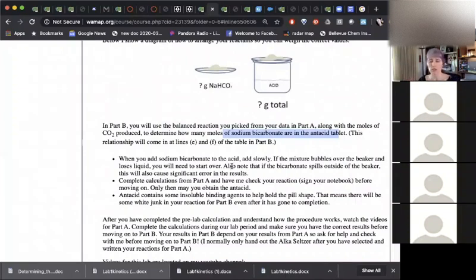Sometimes students will dump it all in and it'll spill all over, and then you just have to wash everything, dry it, and start over again. So you'll see I'm a little bit careful about how fast I put that in. You have to complete the calculations in part A, and then usually I sign the notebook or I just give you your tablet. You don't get to have your tablet until it's complete, and only then can you start part B.